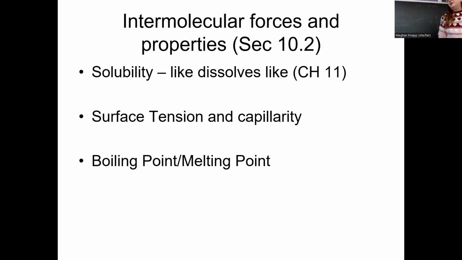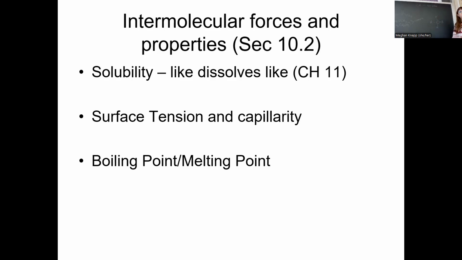Boiling point and melting point. These go hand in hand. Usually as the boiling point is higher, so is the melting point. And if we're talking about ionic compounds, we don't really boil ionic compounds because they're solids at room temperature. So we talk more about their melting point. So we can compare the melting point of ionic compounds like sodium chloride to the melting point of wax.